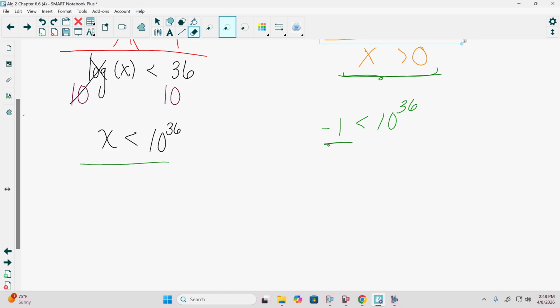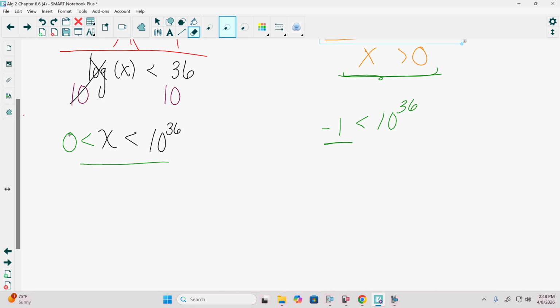I know that because of logarithms. But as this statement stands, negative 1 is a solution. We can't have that. So what we do is we take that restriction statement and slap it on there, saying 0 has to be less than x.